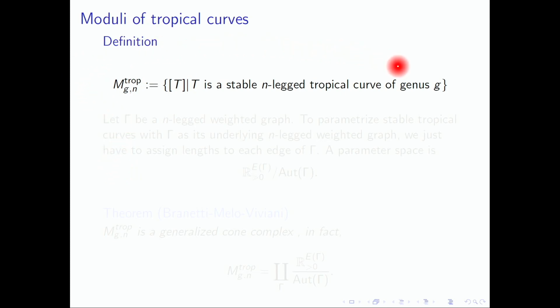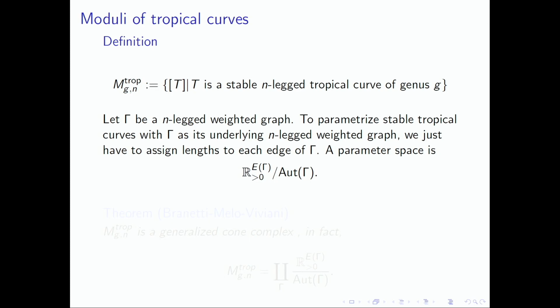So this object, it is not clear what type of structure we can put on this set. And so a first approximation to give you a structure is to describe the tropical curves having a fixed underlying graph. If I want to parameterize all the tropical curves having gamma, a fixed graph, as underlying graph, I only have to vary the lengths on the edges.